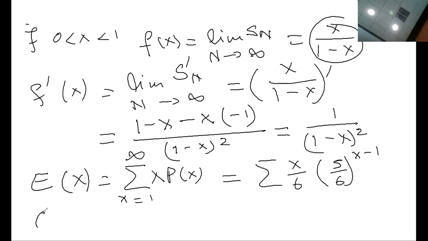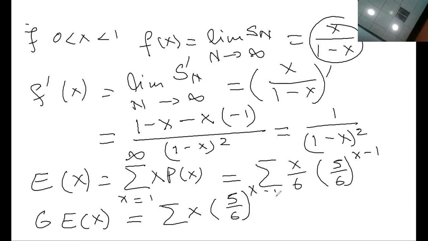And I say that 6 E of x is equal to the sum of x, 5 over 6, to the x minus 1, from 1 to infinity.